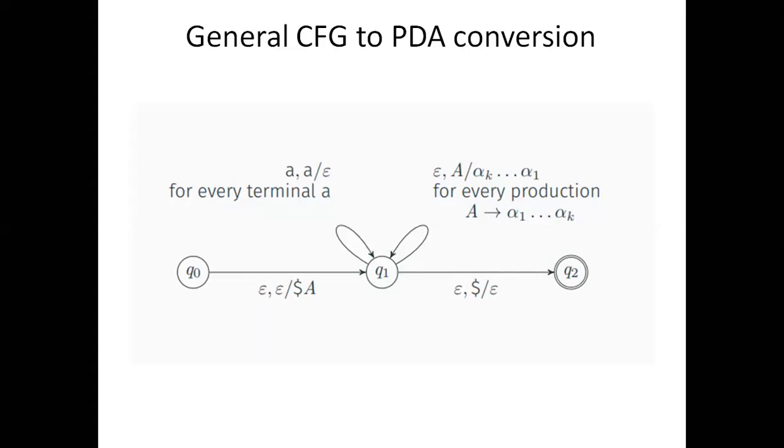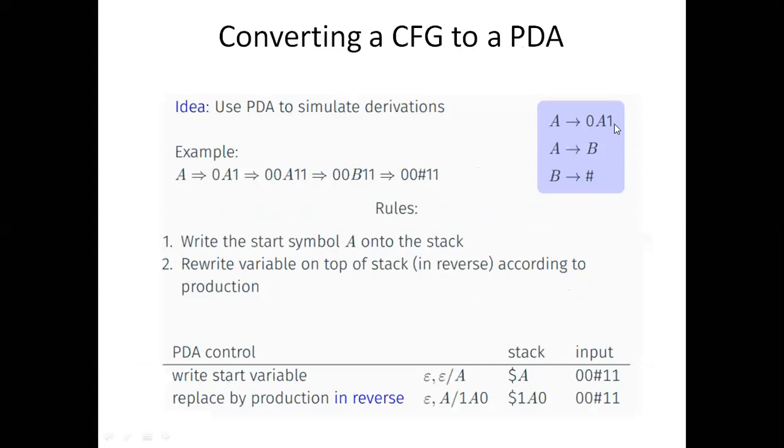Now what we see in this slide are two general rules that we follow to convert a grammar to a PDA. This represents your PDA, and your context-free grammar has all these kinds of production rules.